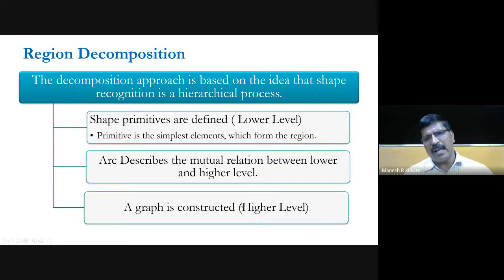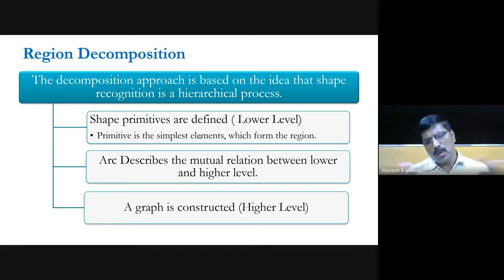This is the higher level representation in region decomposition, or structural representation, whereas at the lower level shape primitives are defined. Now, what is a primitive? A primitive is nothing but the simplest element. When a complicated region or object is there, we can form simple elements from it, and those simple elements represent the primitives of that region.